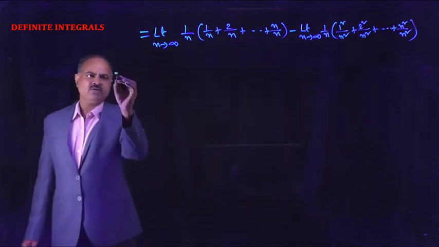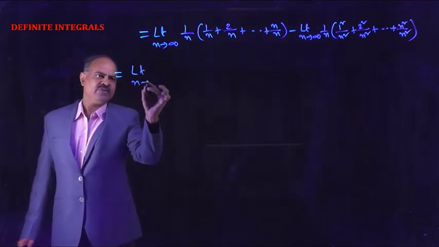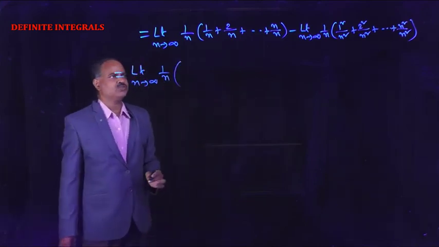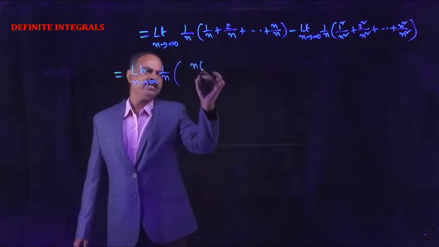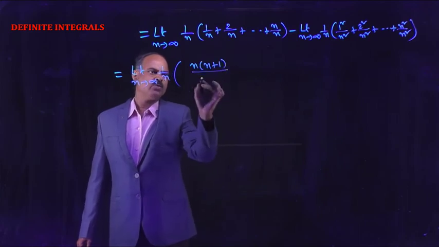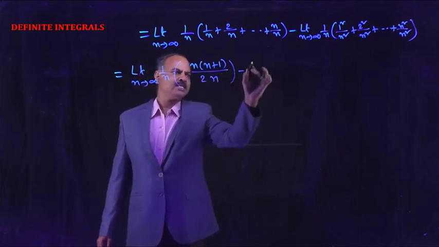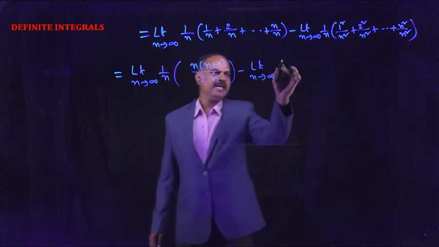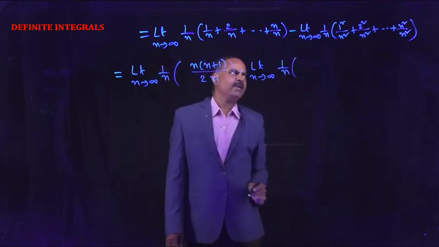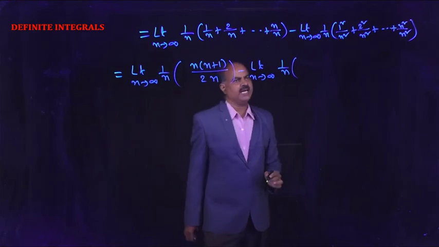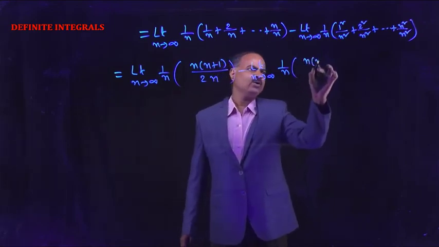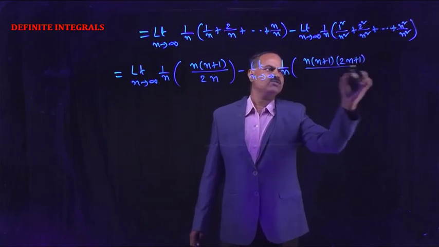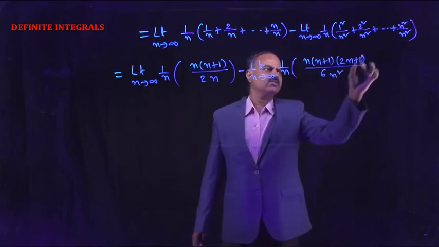Now this is equal to limit n tends to infinity 1 by n into 1 plus 2 plus 3 and so on n, equal to n into n plus 1 by 2, minus limit n tends to infinity 1 by n into 1 square plus 2 square plus 3 square and so on n square, equal to n into n plus 1 into 2n plus 1 by 6 into n square.